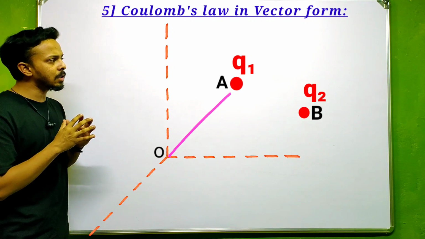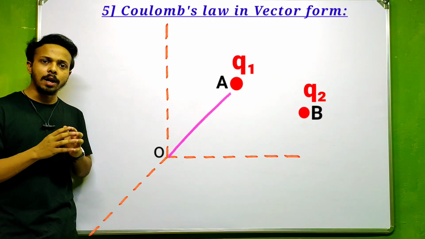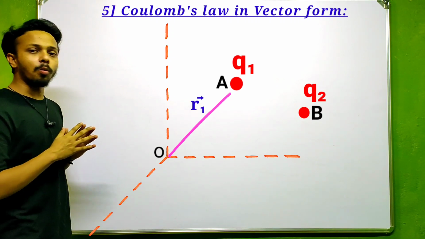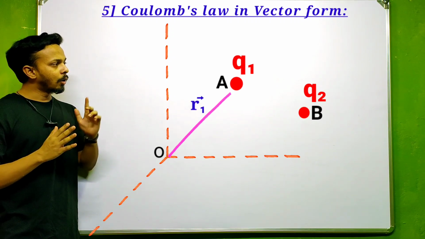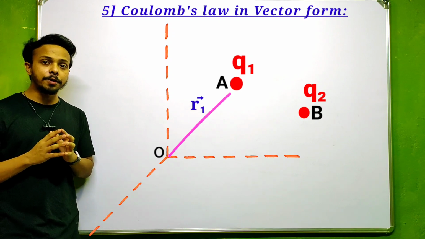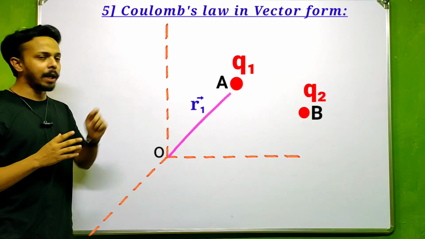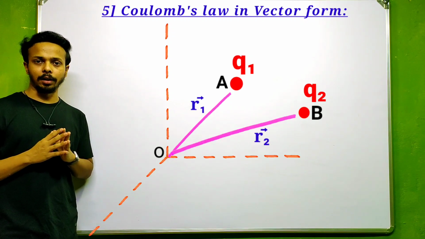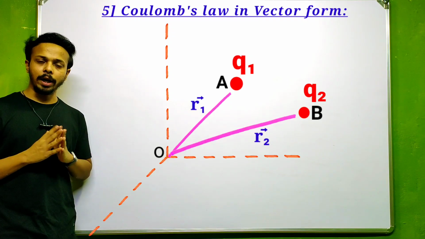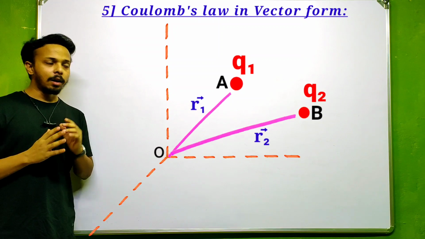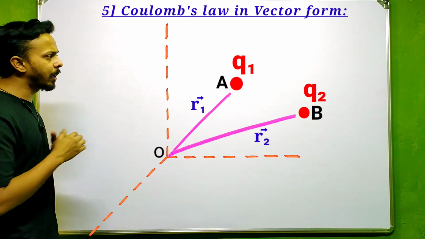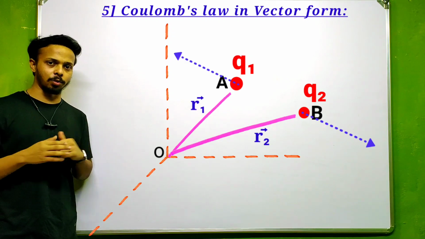To represent the position of charge q1 at point A, we use a position vector r1. And to represent the position of charge q2 at point B, let us consider a position vector r2.